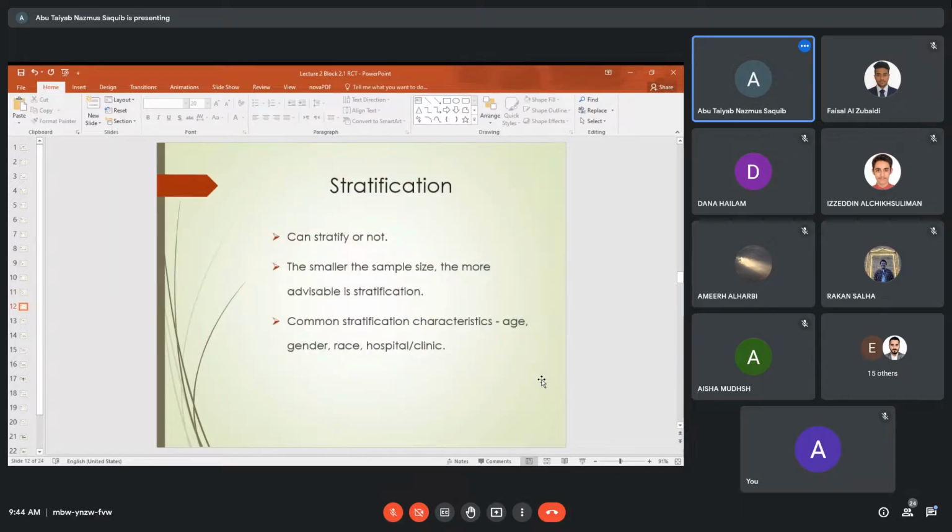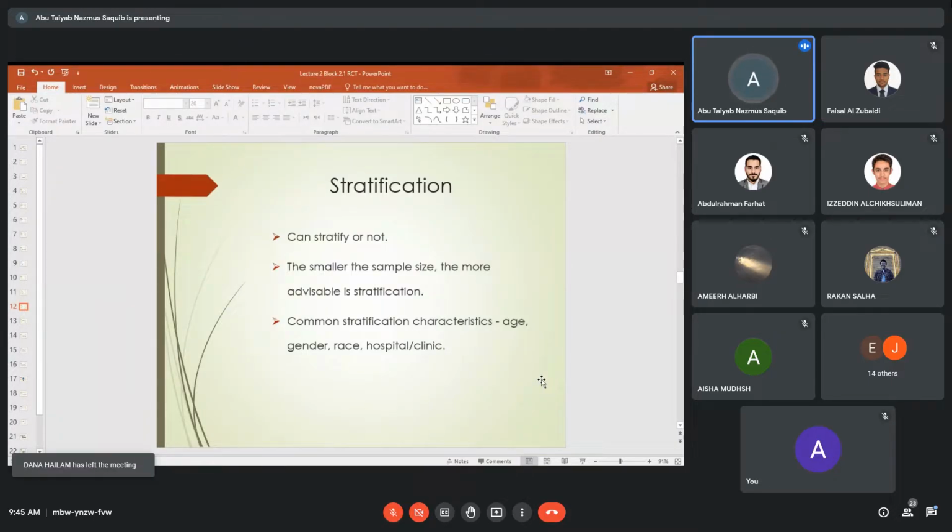Now, stratification. Do not equate it with randomization. Stratification is not randomization. As I told you, if you have a large enough sample, 500 people, 1000 people, and you want to randomize them, you will expect that the groups will be equal in size and equal in distribution of characteristics.